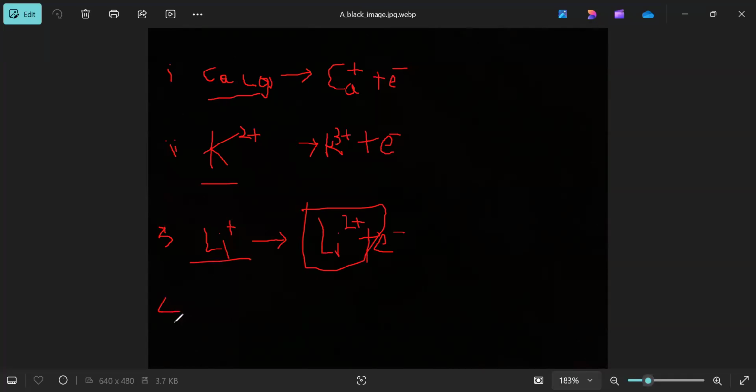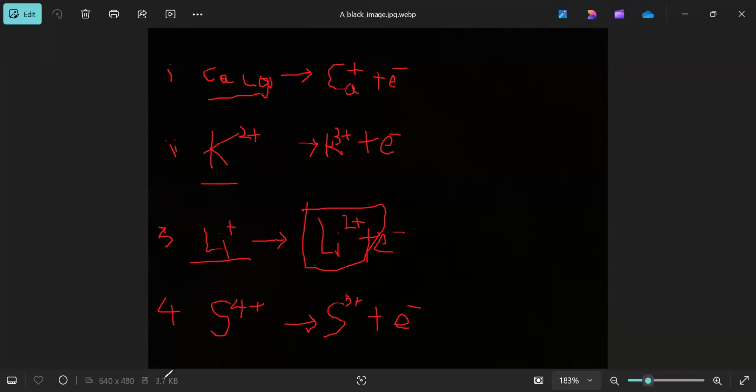Now we're going to have the fourth question. It's actually the same process. I think you've already understood what this means. The fourth one is the fifth ionization energy of sulfur. So we write down the atomic symbol for sulfur first. Since this is the fifth, this one should be 5 plus, and the one before it, talking about fifth, should be 4 plus, and here plus 1 electron.